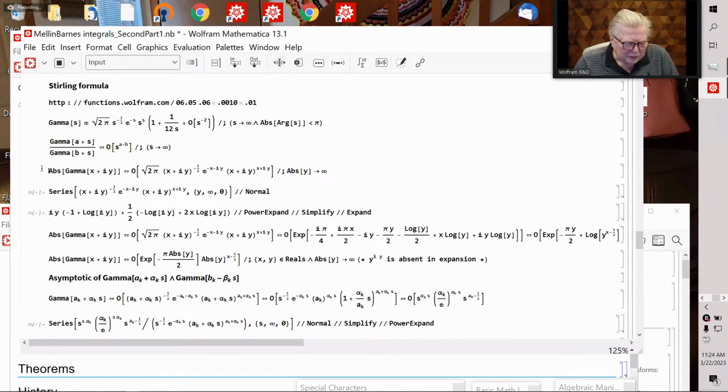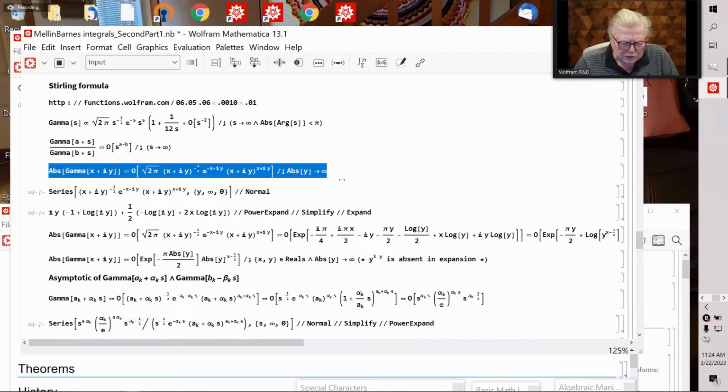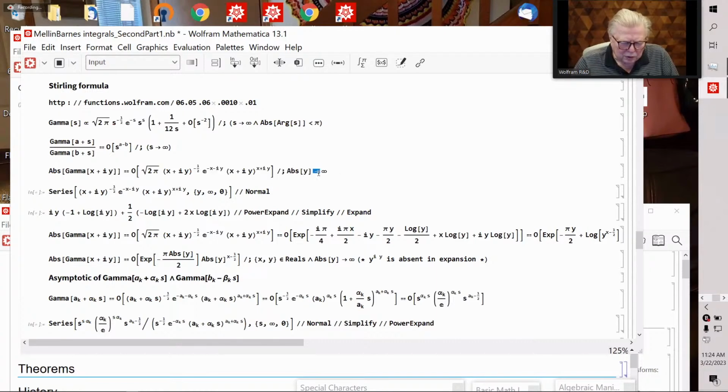But if we move to infinity in the vertical or opposite direction for real X and Y, we have such behavior, this formula.